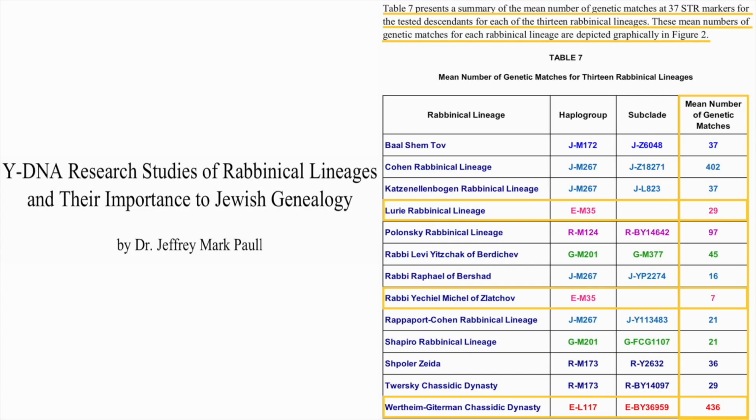Table 7 presents a summary of the mean number of genetic matches at 37 STR markers for the tested descendants for each of the 13 rabbinical lineages. These mean numbers of genetic matches for each rabbinical lineage are depicted geographically in Figure 2. And as you can see down below in Table 7, the 3 families with E-M35 and the number of their descendants.